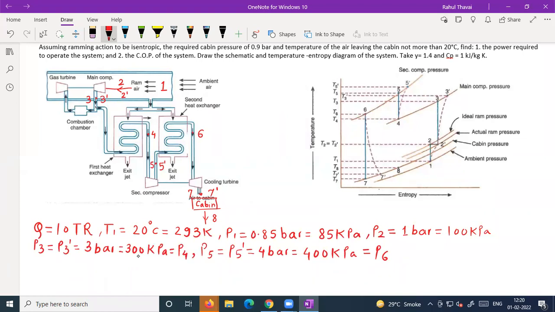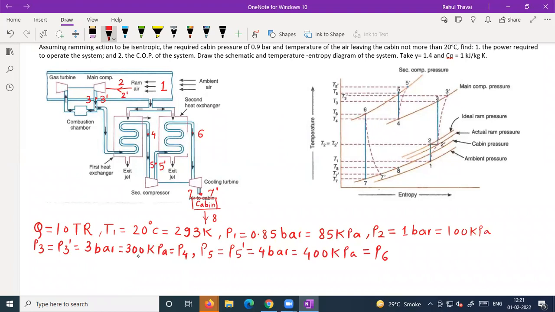Because see, this is the exit pressure of the compressor, that is P3 or P3 dash. When you pass it to the heat exchanger, the air gets cooled, but it occurs at constant pressure. So whatever pressure is available at the inlet of the heat exchanger, the same pressure you will have at the exit of the heat exchanger.